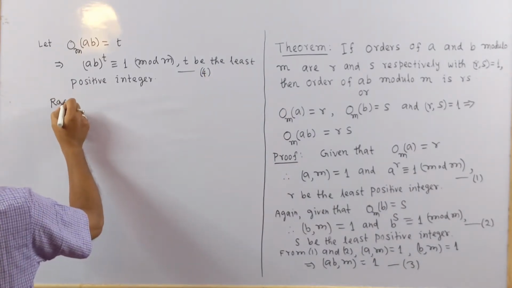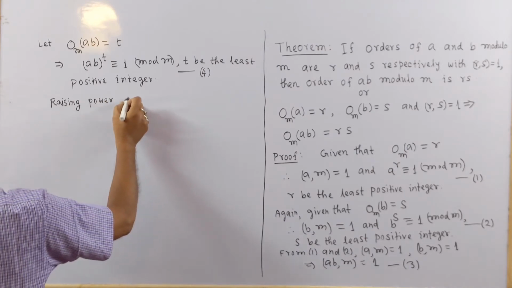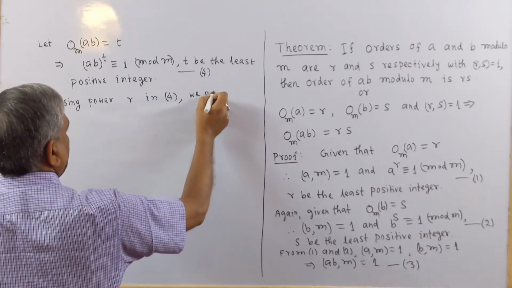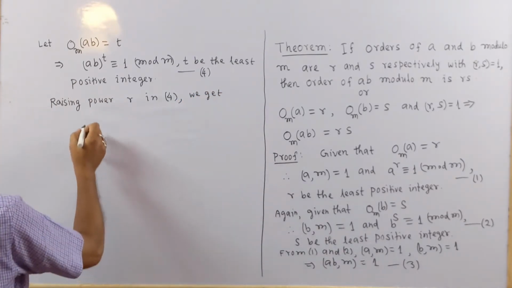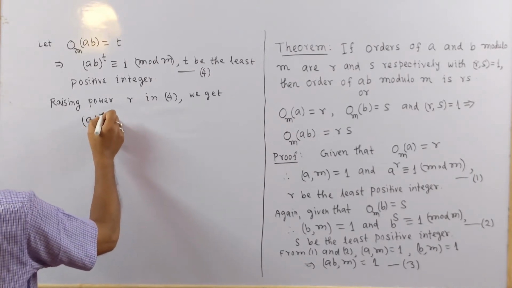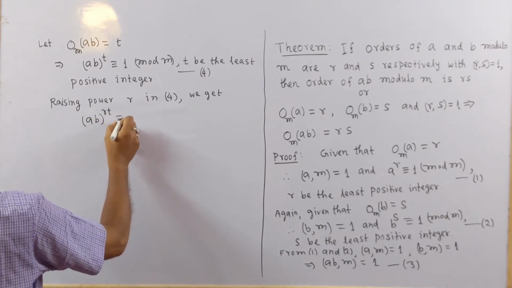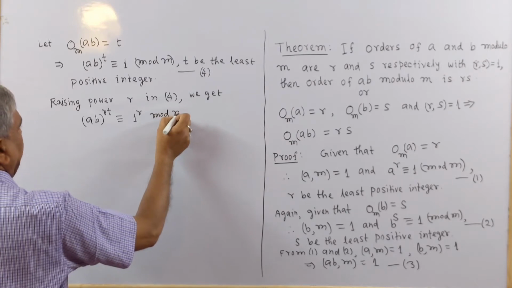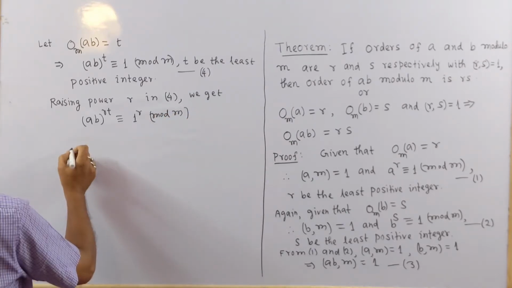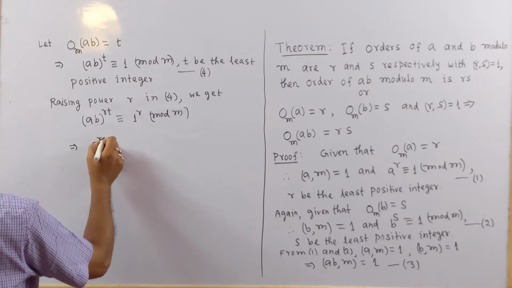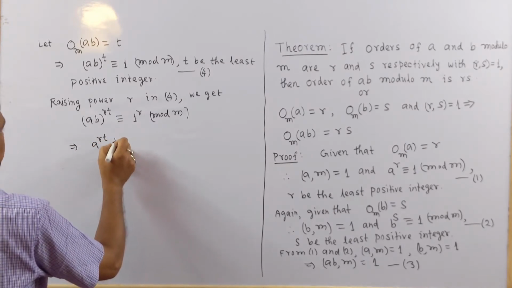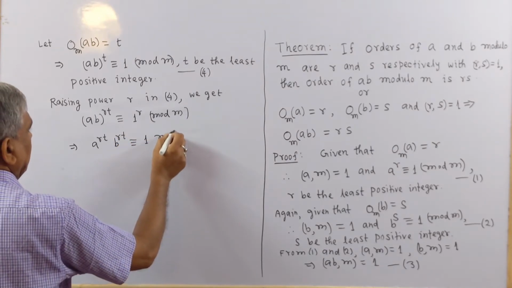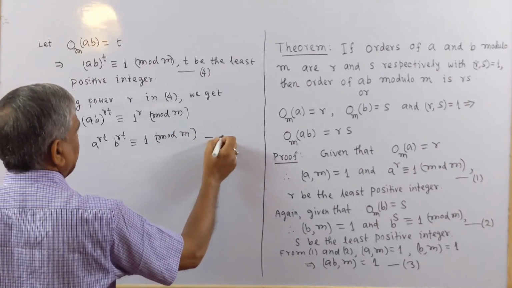Raising power r in 4, we get ab to the power rt is congruent to 1 to the power r modulo m, implies that a to the power rt multiply b to the power rt is congruent to 1 modulo m. Let this be number 5.